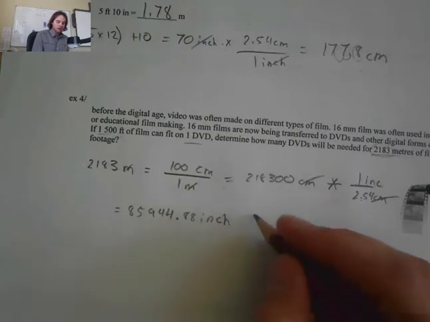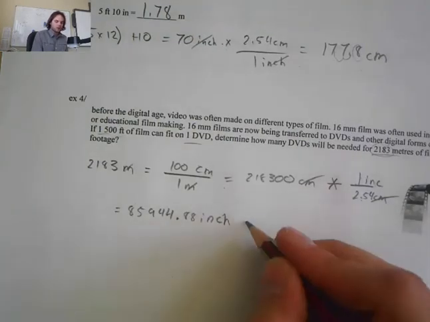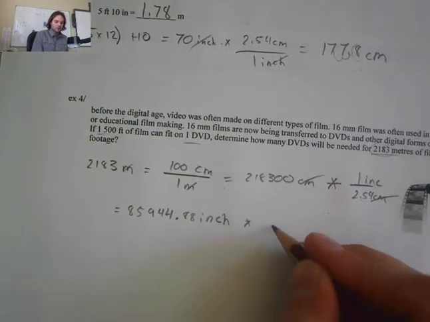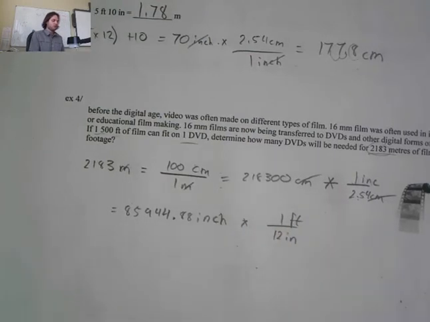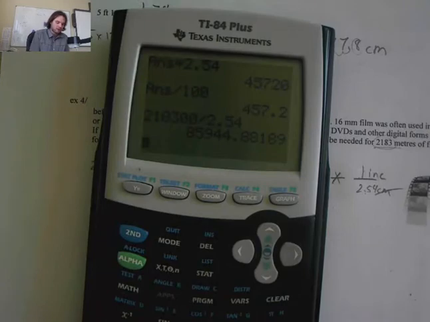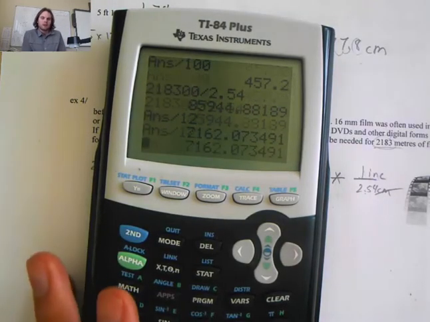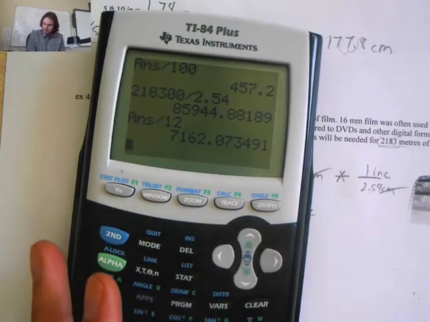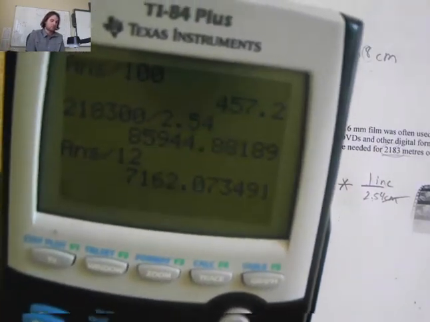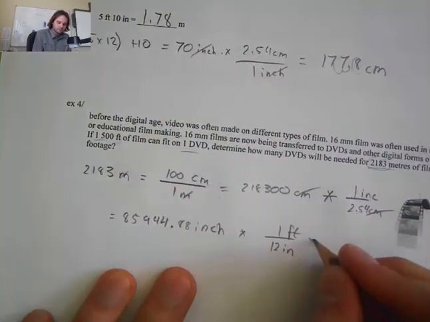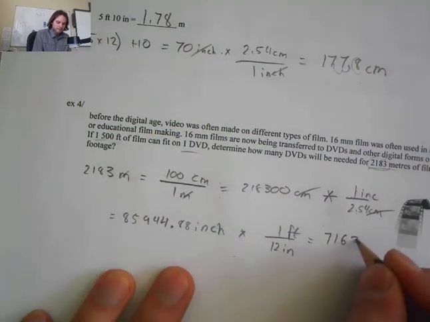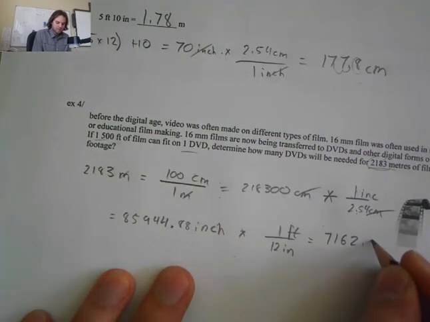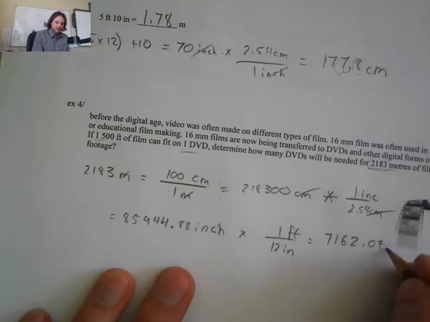So how do I do that? Well, we're going the other way here. I know 12 inches is equal to 1 foot. So I have to divide that by 12 now. So I take this, I divide by 12. And I'm getting 7,162. Okay? And that is in feet.